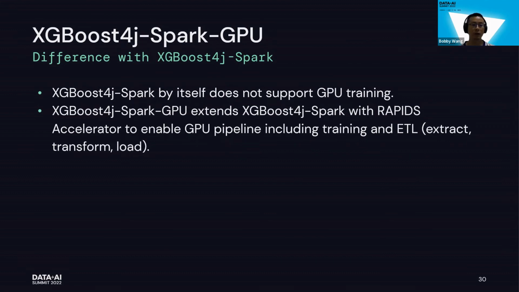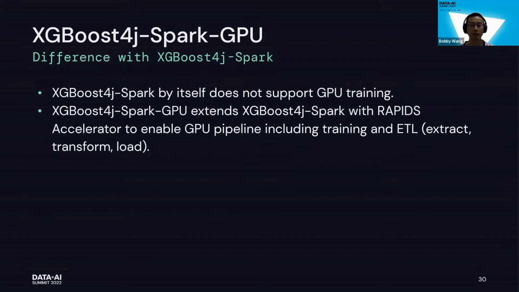So why do we still need the XGBoost for Spark GPU? Well, the XGBoost for Spark does not support a GPU. While the XGBoost for Spark GPU extends the XGBoost for Spark and is able to use the RAPIDS Accelerator to enable the whole GPU pipeline, including ETL and training.